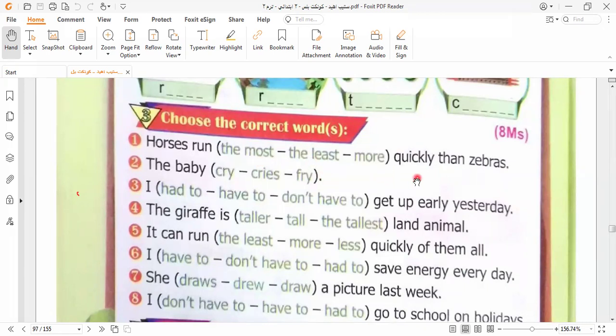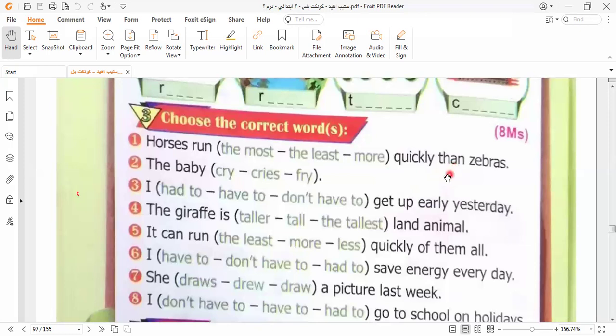But when we compare between two, we use more plus adjective plus than, and with one syllable we add er to the adjective. So I can make a difference between superlative and comparative by adding them to the adjective.